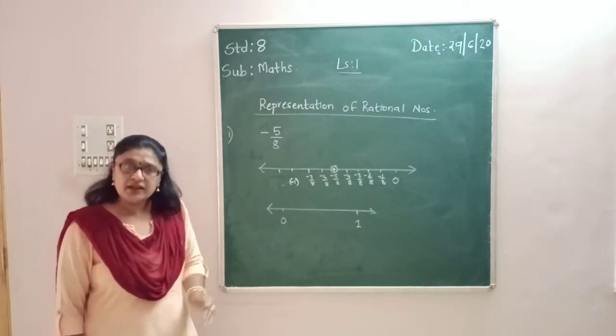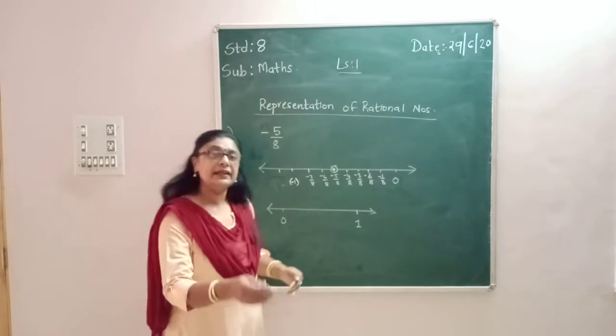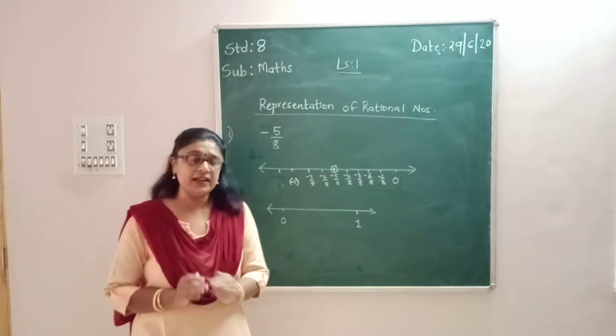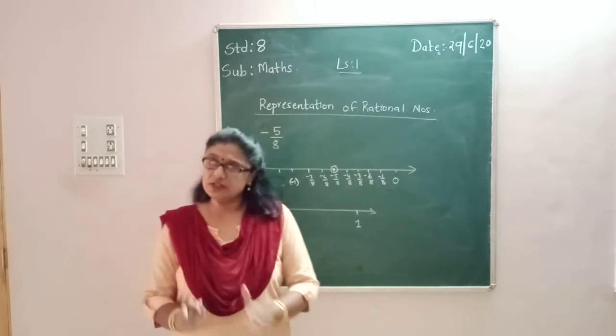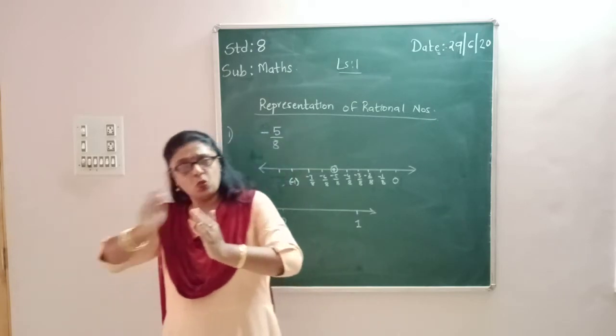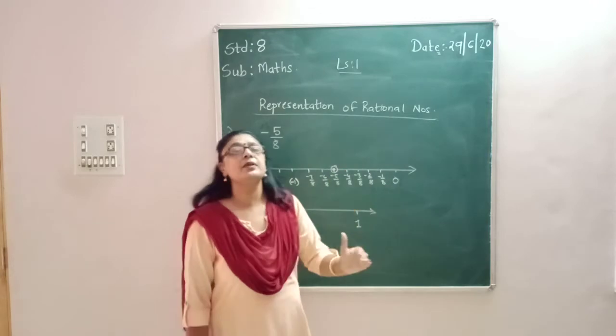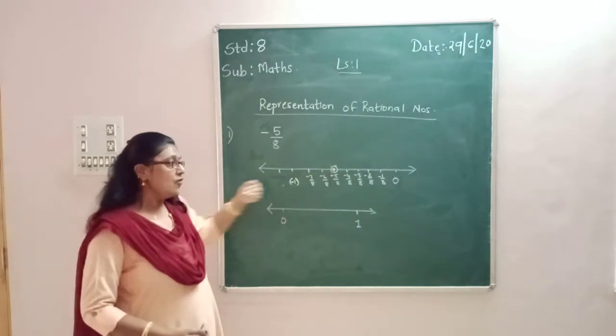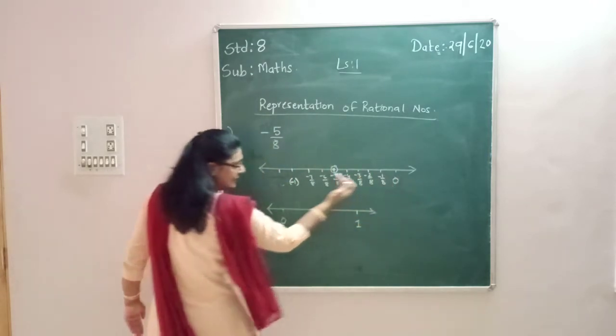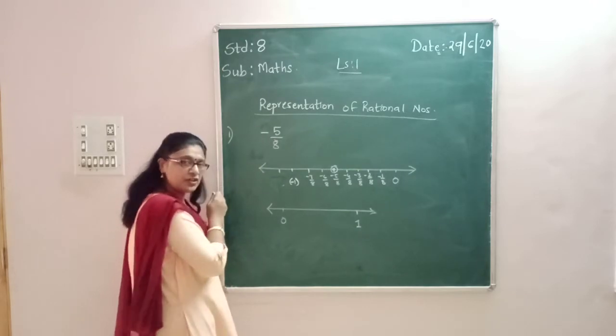So the method is the same, but the plotting direction will be different. Is that clear? When you are plotting a positive number, it will be from 0 to 1 on the right hand side. And when you are plotting a negative number, it will be from 0 to minus 1 on the left hand side. You have to start this way. Understood?